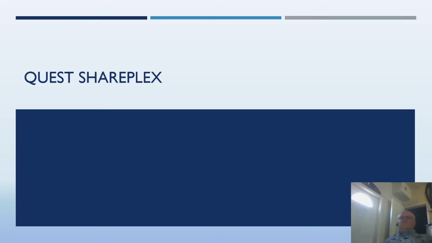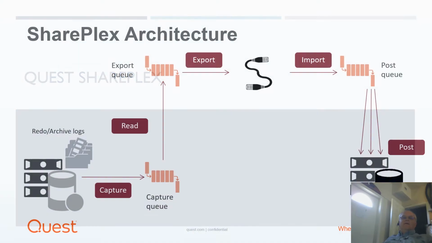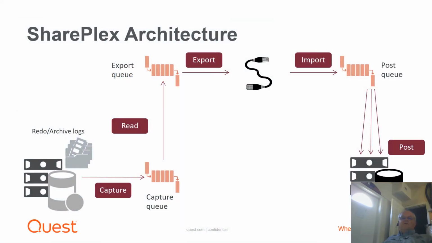There is another alternative, though, and that's Quest SharePlex. Let's talk about SharePlex for a minute. Here's our SharePlex architecture. We start by reading the redo logs and capturing the change data that's happening in Oracle and moving that data along through a read process that is kind of a traffic cop.